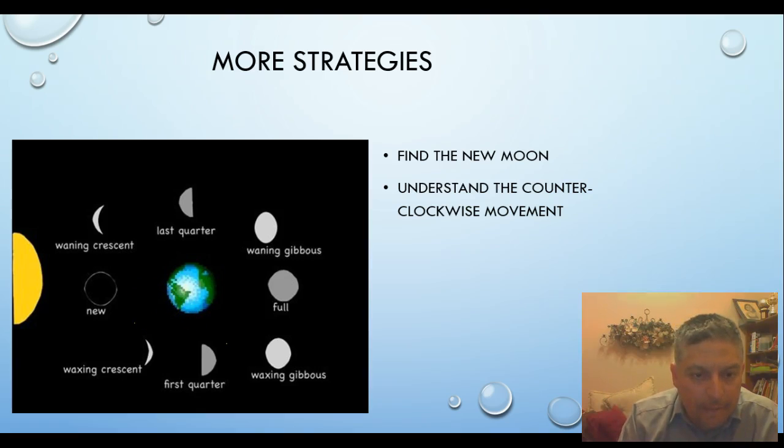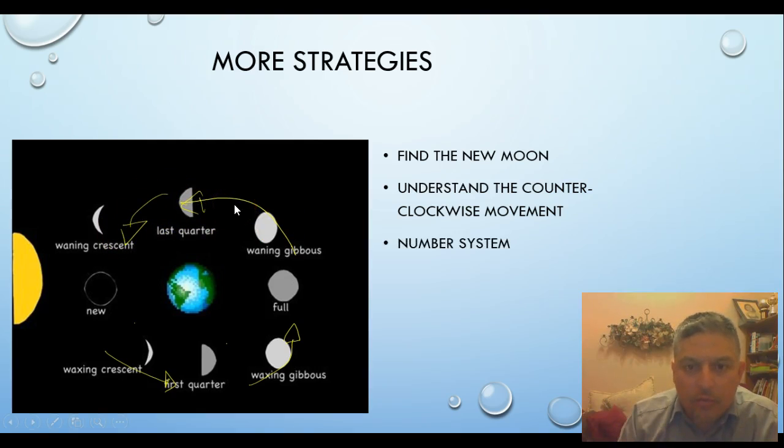There you go, counterclockwise motion. We're also supposed to use the number system. So we remember the new moon is always going to be your number 1, and waxing crescent number 2, number 3, 4, 5, 6, 7.